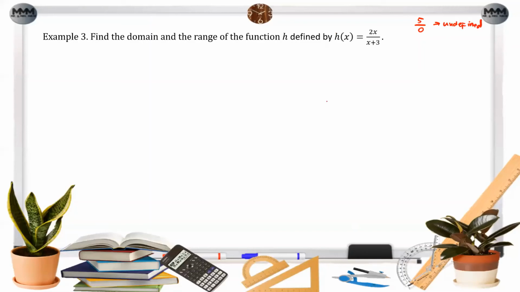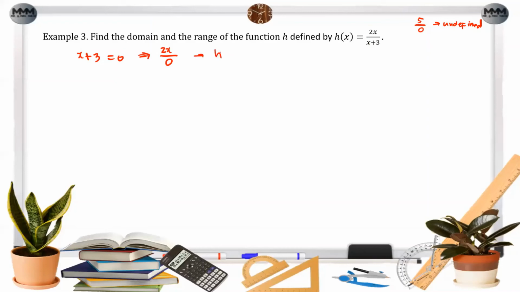So in this case, if our denominator x plus 3 is equal to 0, this means that we have 2x over 0, right? When x plus 3 is 0, we have 2x over 0. This is undefined.